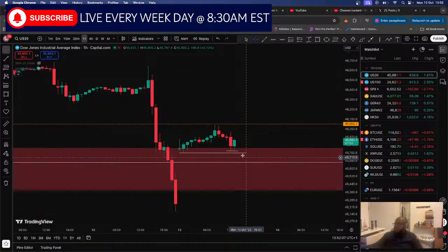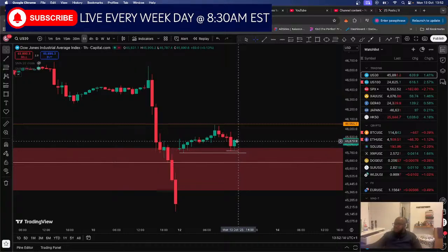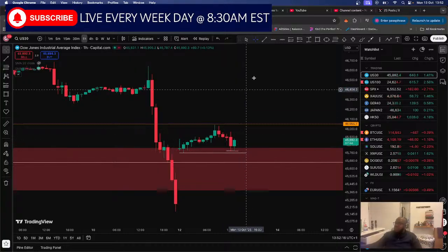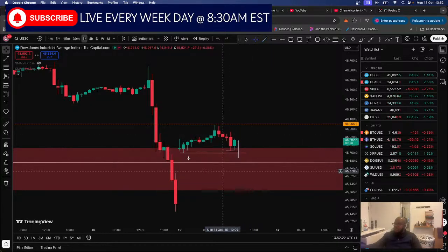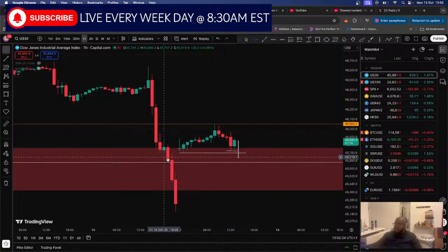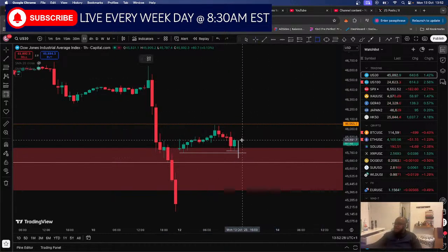So we should be able to see this close green. We should see this candle come down something like this, come down, sweep the level, come into our area of liquidity.